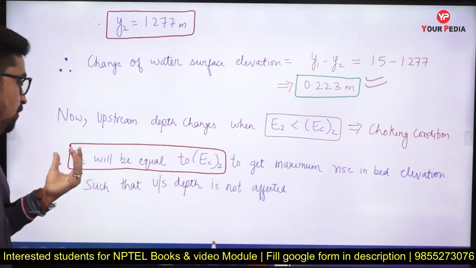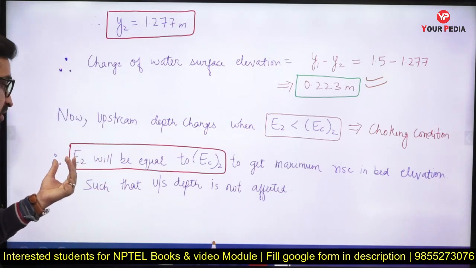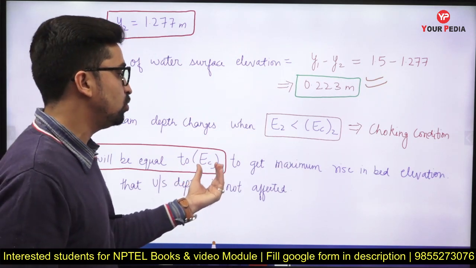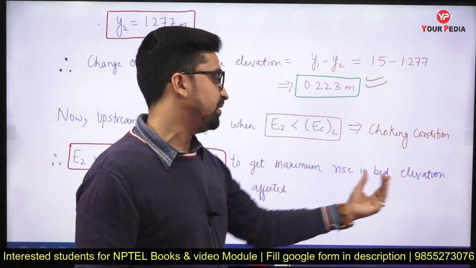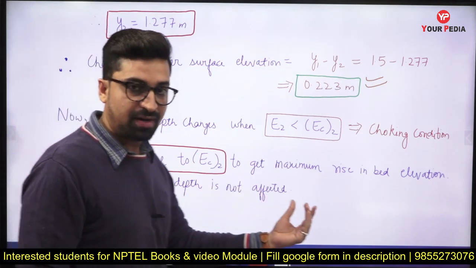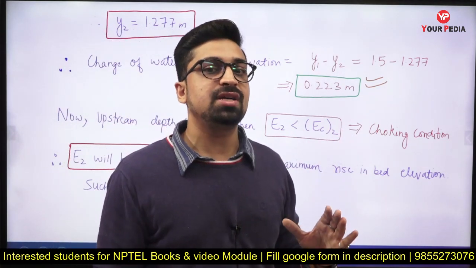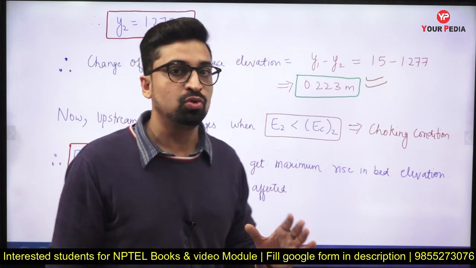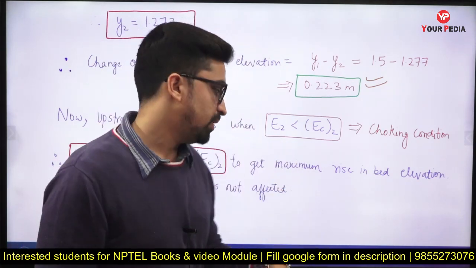So we can say that E2, the energy at section 22, will be equal to the critical energy at section 22 to get the maximum rise in bed elevation such that the upstream depth is not affected, right?